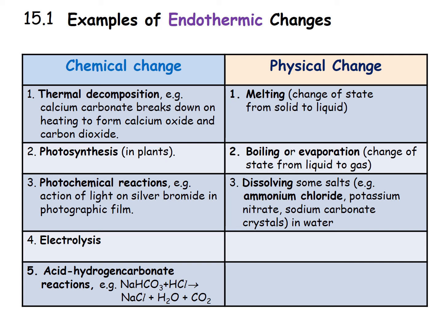Now, when silver halides absorb light energy, they break down into silver metal and the halogen gas. For example, silver chloride breaks down to form silver metal and chlorine gas. Silver bromide breaks down to give silver metal and bromine gas is released.